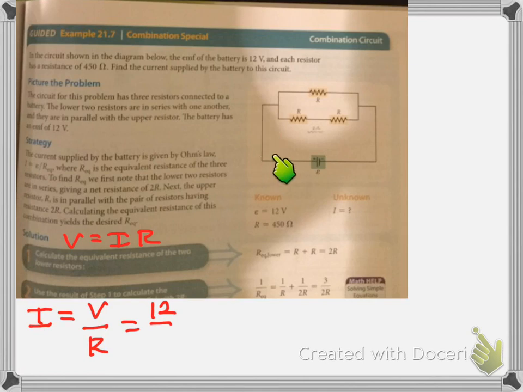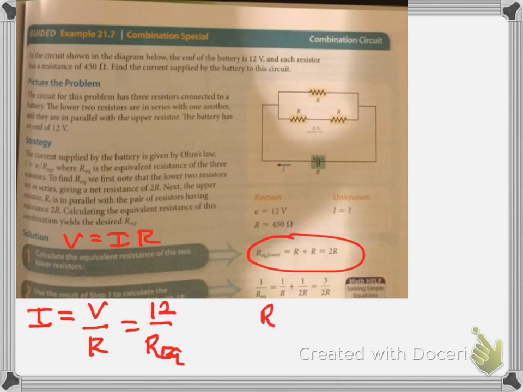To find the overall resistance, I need an equivalent resistor for the whole thing right here. Well, I know that this one's 450 and this one's 450, and these two are in series. Whatever current flows through here has to flow through this one, and then all that current has to flow through this one. So they are in series with each other. And so remember that whenever you have a series, that means that you can add up the two.